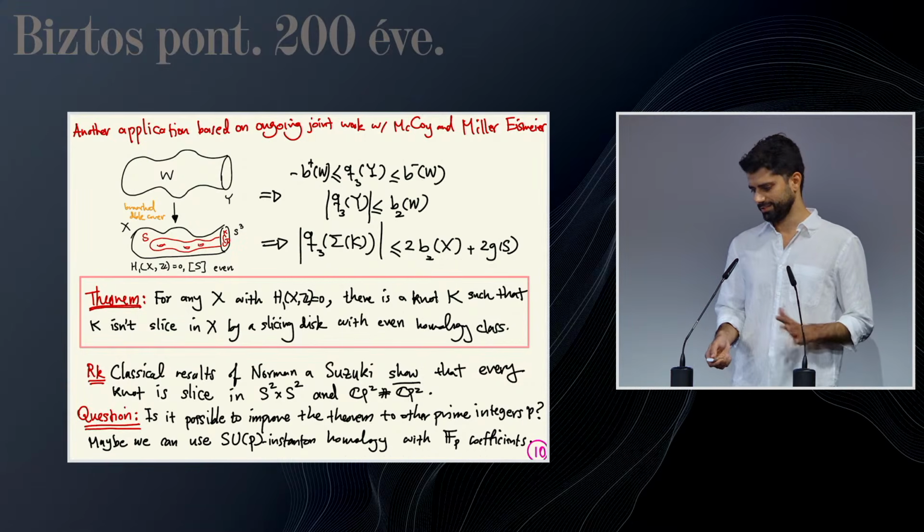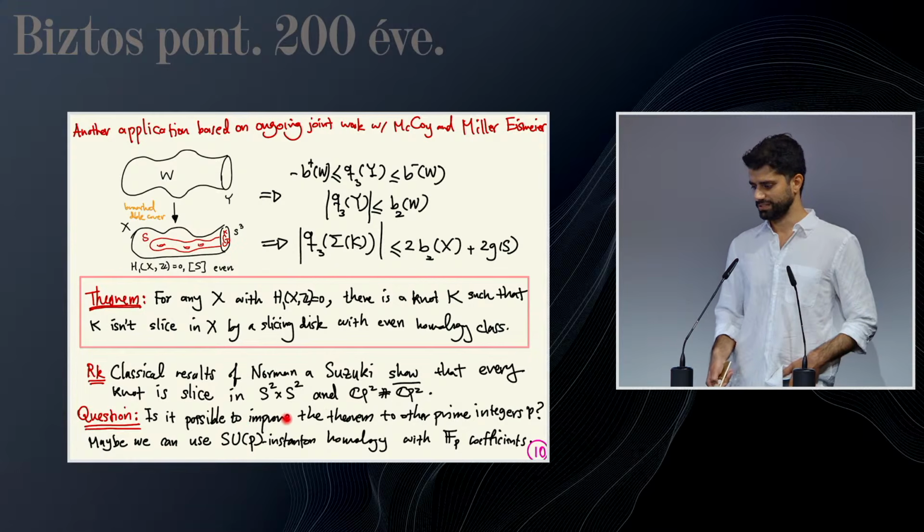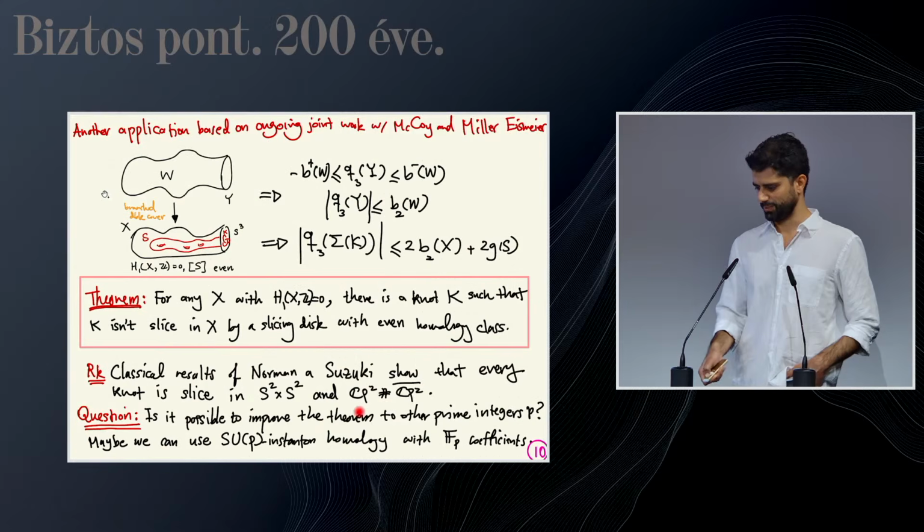This is by no means supposed to be a strategy, but one might try to do SU(p) instanton homology with this structure group with coefficients in F_p. The problem is that even defining this instanton homology is not obvious. If you start thinking about these things, you might have the same existential problems as the ones that I had as a graduate student.